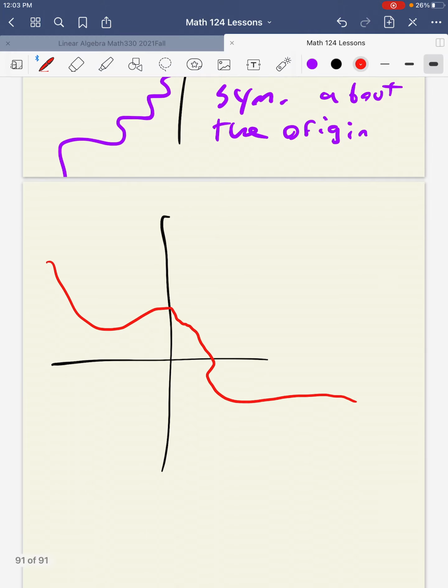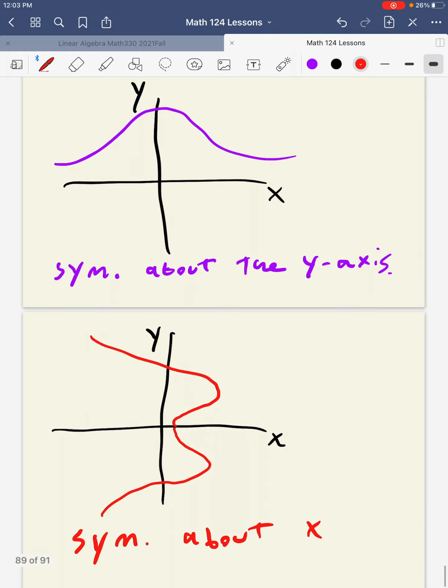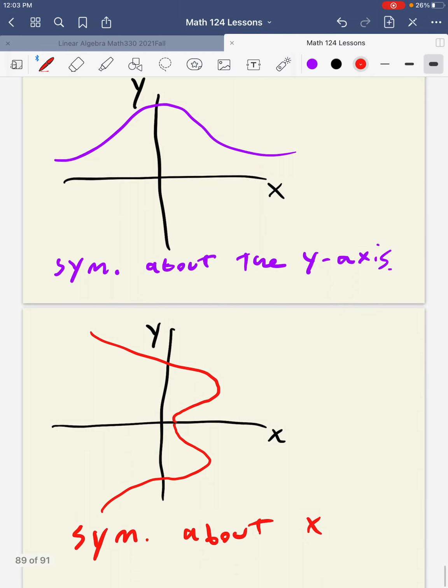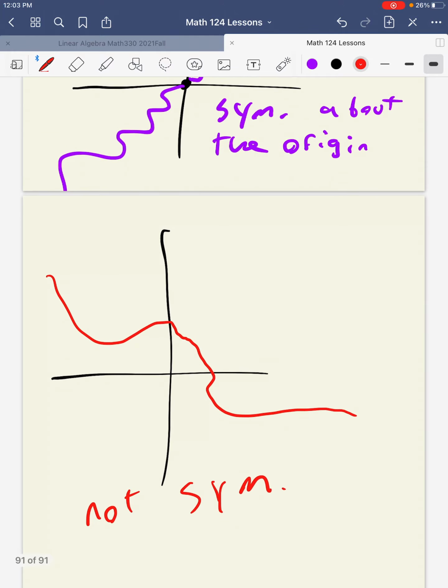This one is not symmetric. Actually, this is all the cases you will see. So we'll see this, this, or this case. In a few of your homework problems, you're just given graphs and asked to determine the type of symmetry it is. So that should be pretty easy.